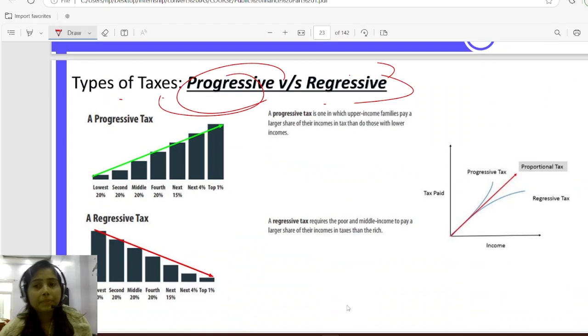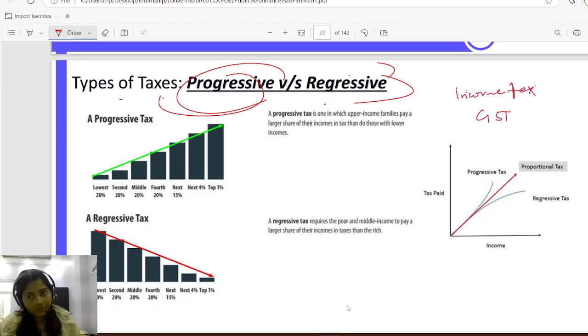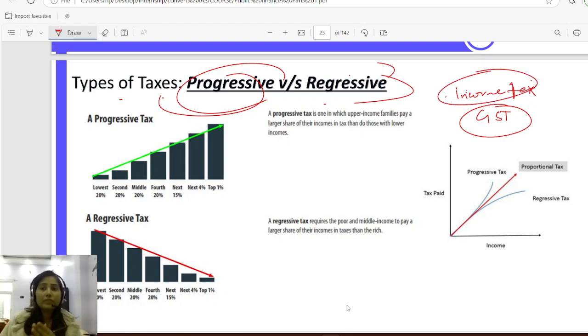Okay, see, suppose there are two options, income tax and GST. There is a different kind of slab in income tax. Up to 12 lakh you will be paying this much percentage, up to 50 lakh you will be paying this much tax.